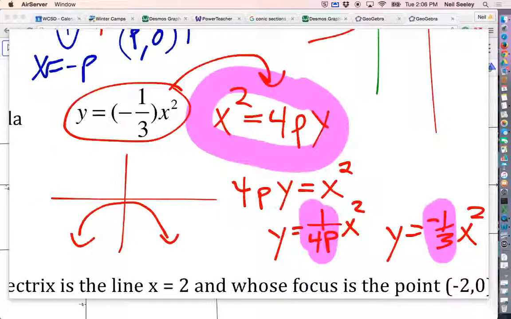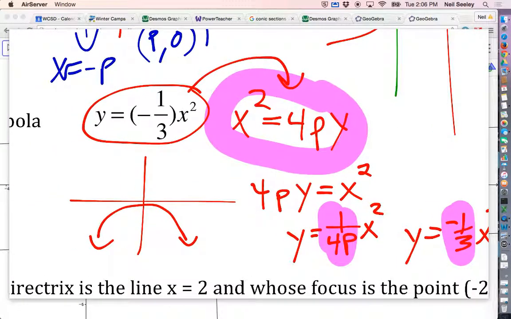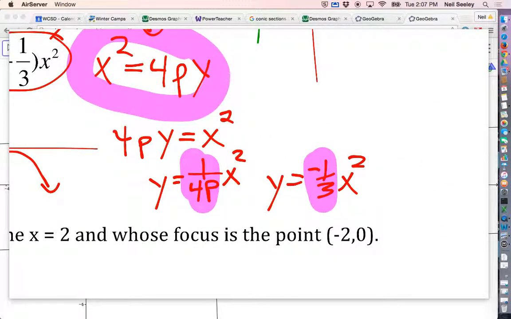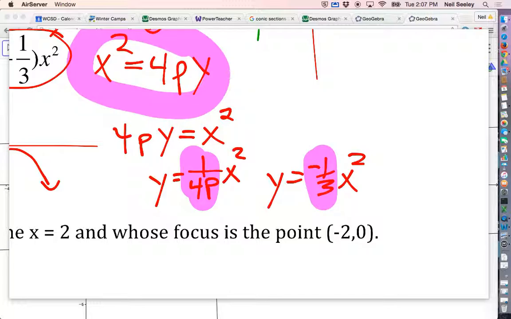Or, if you're feeling fancy, you could get this over on the right-hand side, multiply both sides by -3, and it works the same way. If you get it into the right form, the P is illuminated. So you match up their forms: if you write them in the same format, you can solve for P. Then you can line up the parts that match.